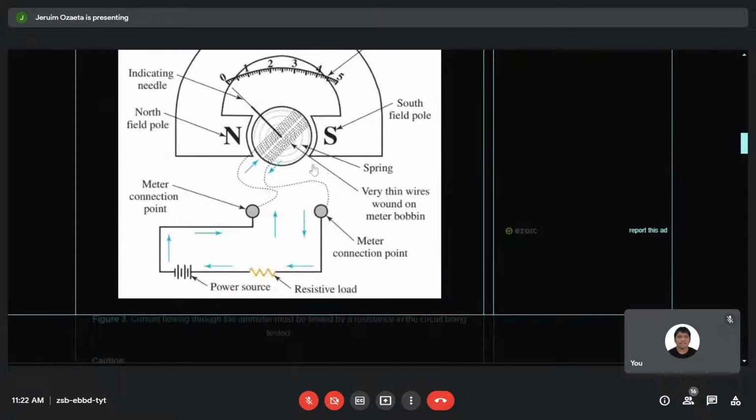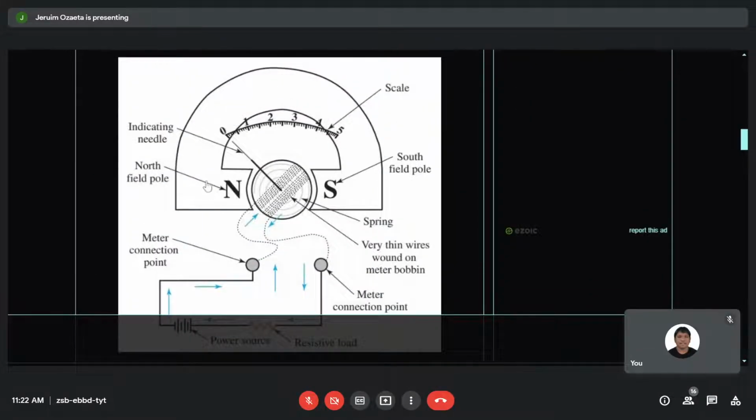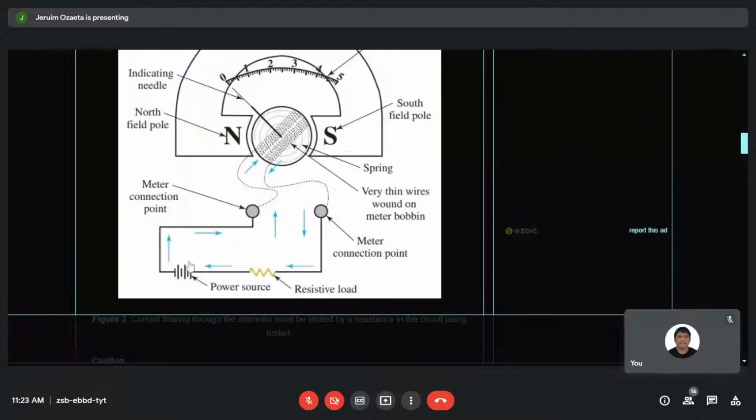So here is now the coil, the moving coil is supplied with current from the source. So if the source provides the current through the resistive load, yan, complete circuit na, yan.